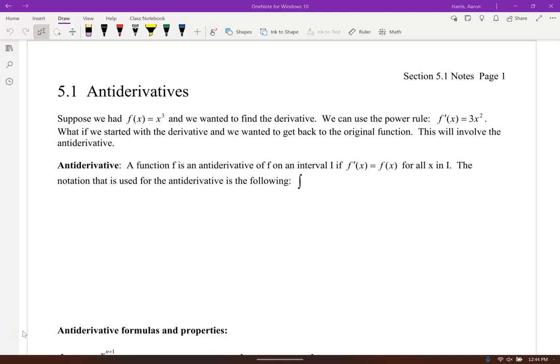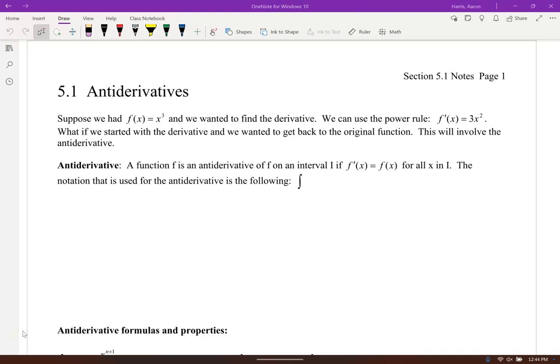We could use it to find the velocity and so on. And so you want to actually go backwards, if you will, from the derivative. And so we'll see that these antiderivatives or integrals are this link connecting these two major elements of calculus, the derivatives and definite integrals. Okay.